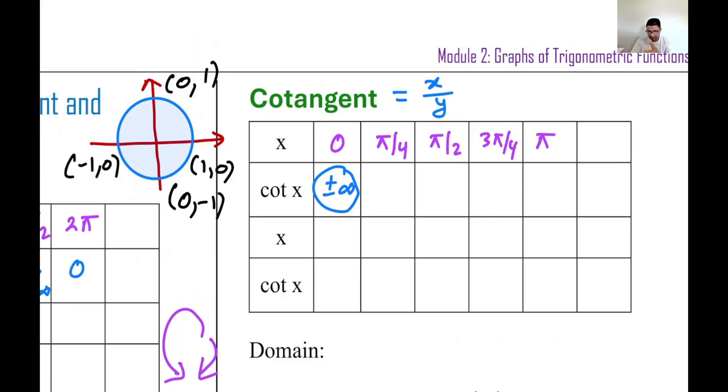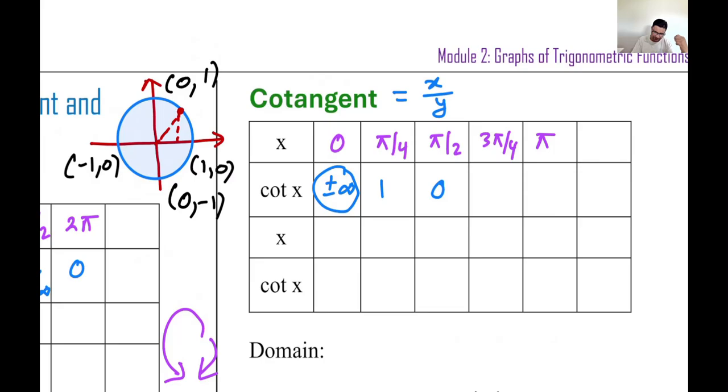graph. And at pi over 4, that's the 45-degree halfway mark, where x and y coordinates are equal, so the ratio is 1, reciprocal of tan anyways. So that's 1. And at pi over 2, it will be 0, 0 over 1.